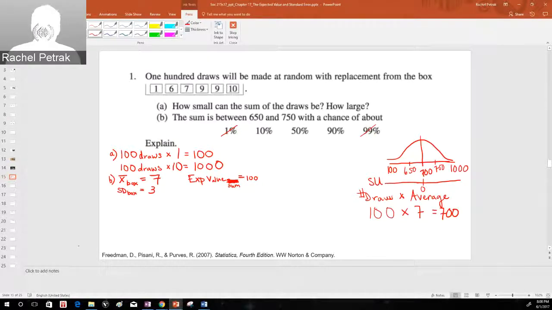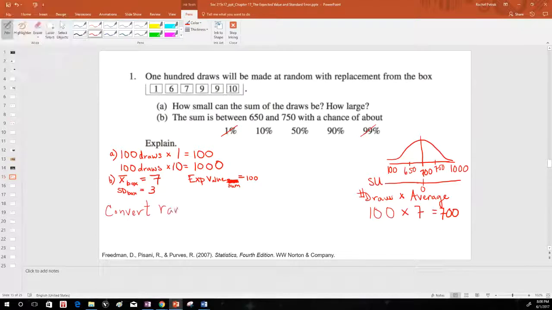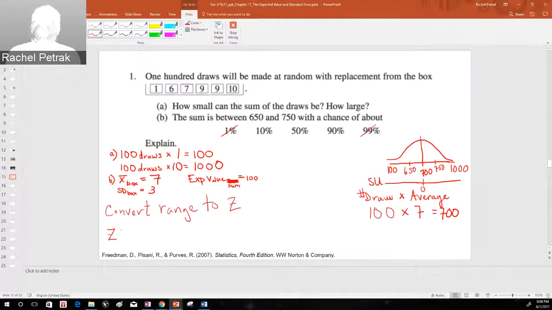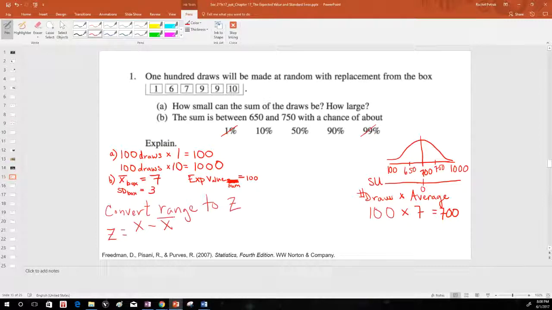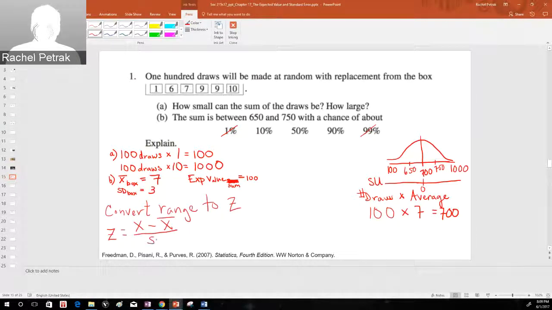So remember, when we want to convert 650 and 750 to z-scores, we can use our z formula for multiple draws.